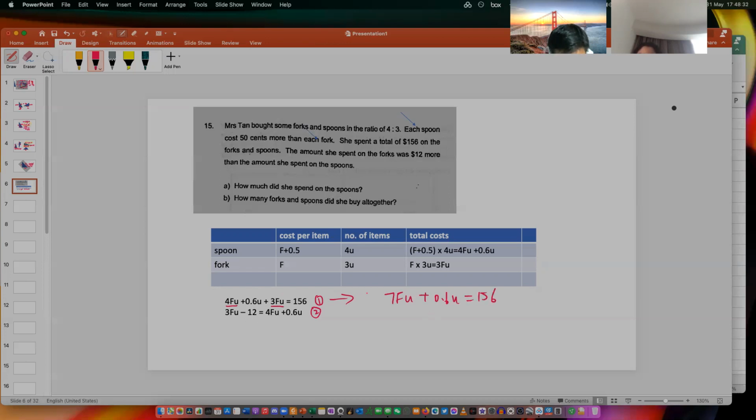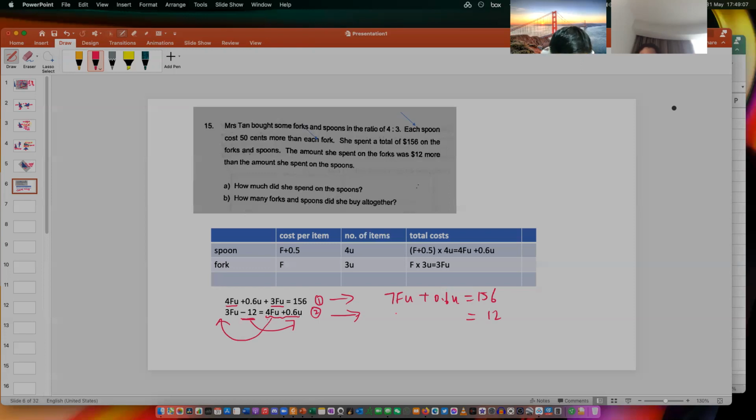And then next, you are going to move things over. I mean, you simplify it. What I'm trying to say is you can actually do this. You take this, move it to this side, so you get a 12 here. And of course, you can move this thing over to this side.